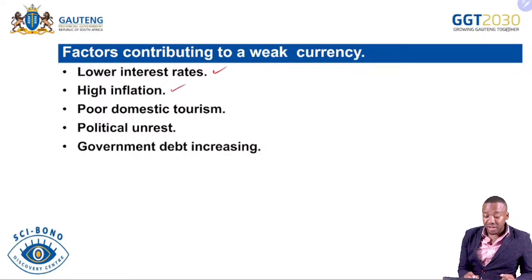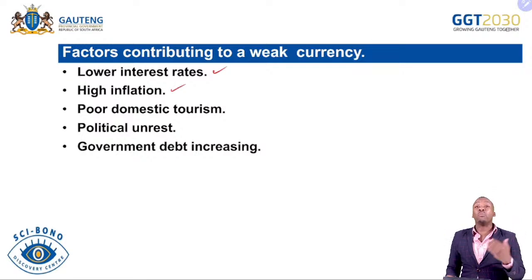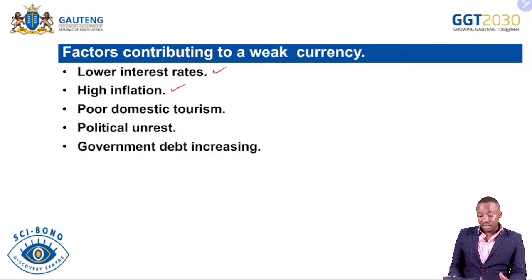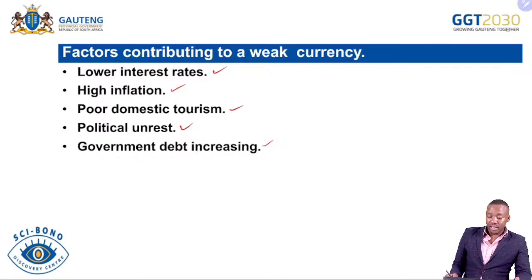If you've got high inflation is when now we are paying more to buy goods and services, then that is going to contribute to our currency to be weak. Poor domestic tourism, when people do not travel inside their own country, then our currency is going to be weak. When you've got political unrest, fights in the country, riots, and so on, then that is also going to contribute to our country to have what?